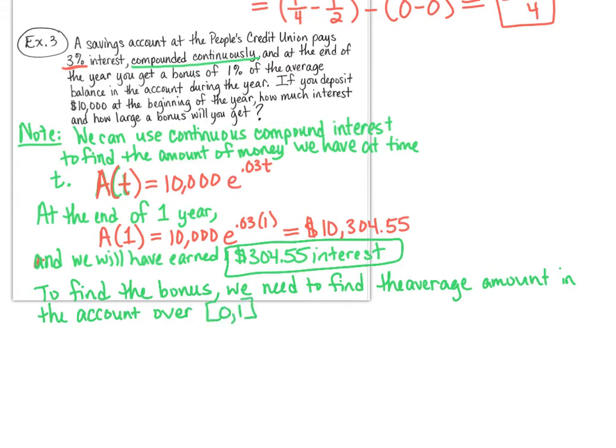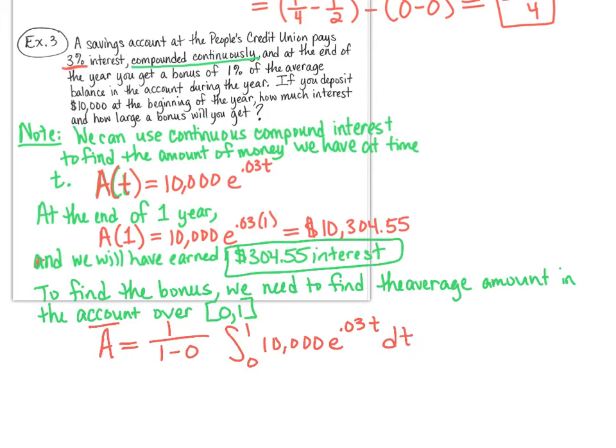So that means A bar would be equal to 1 over 1 minus 0 times the integral from 0 to 1 of 10,000 e to the 0.03 t dt.